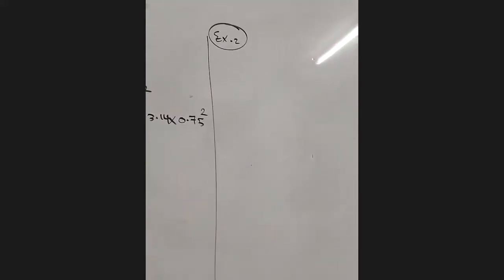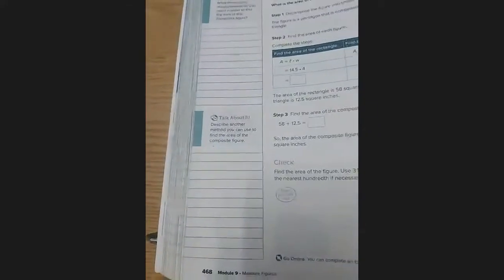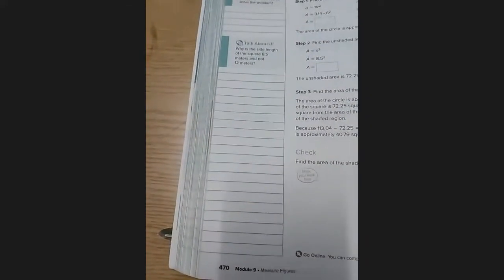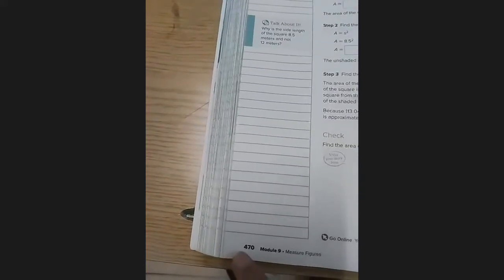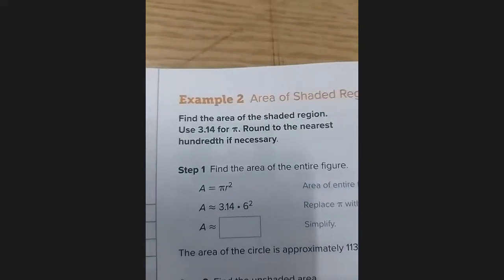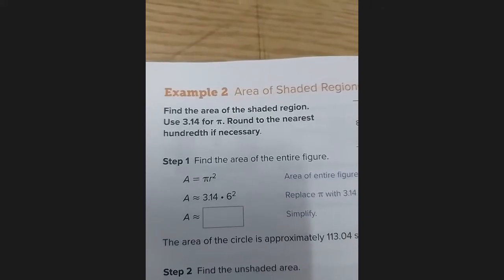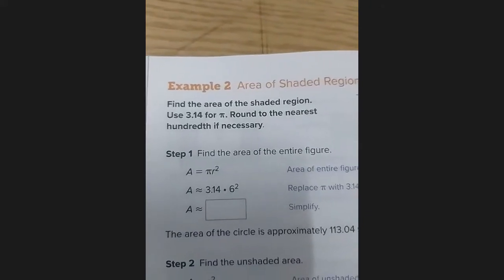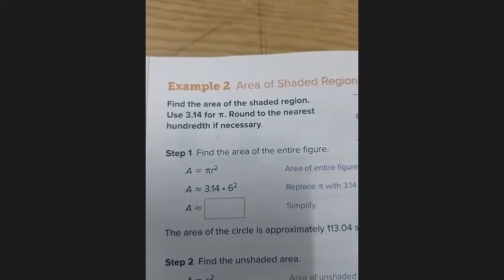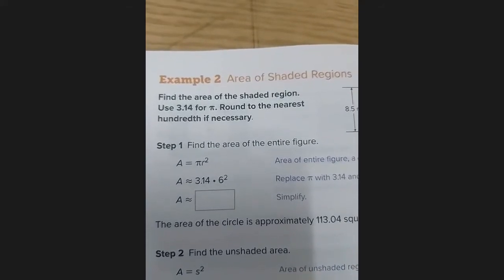Go to example 2 with me, on page 470. Yalla, Abdullah, read. Find the area of the shaded region. Use 3.14 for pi. Round to the nearest hundredth if necessary.